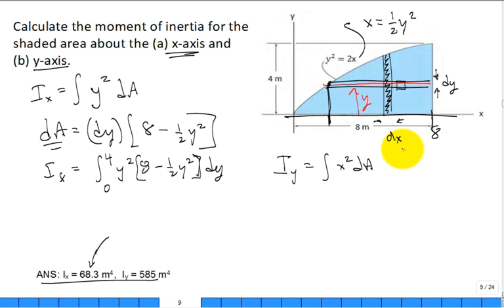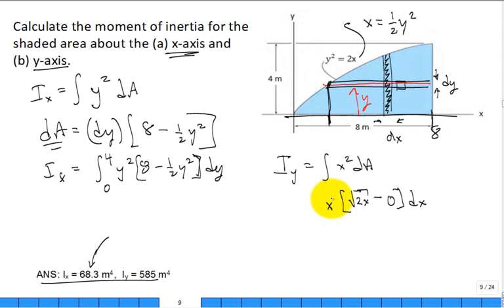And so what is this dA now for this strip? It's going to be dx times, what is that going to be? The height in y, the square root of 2x minus 0. They all go to 0 in y.